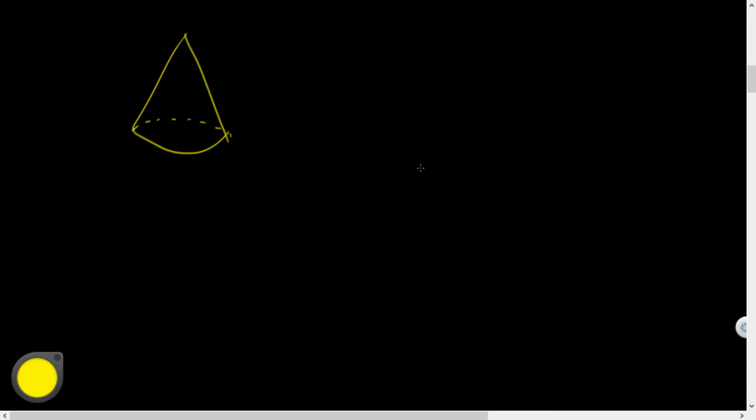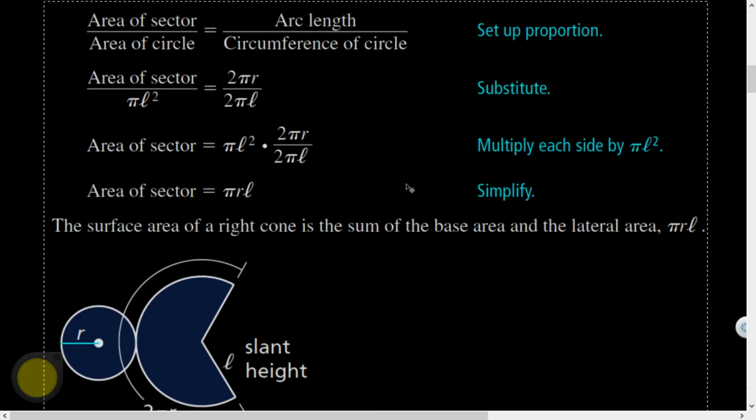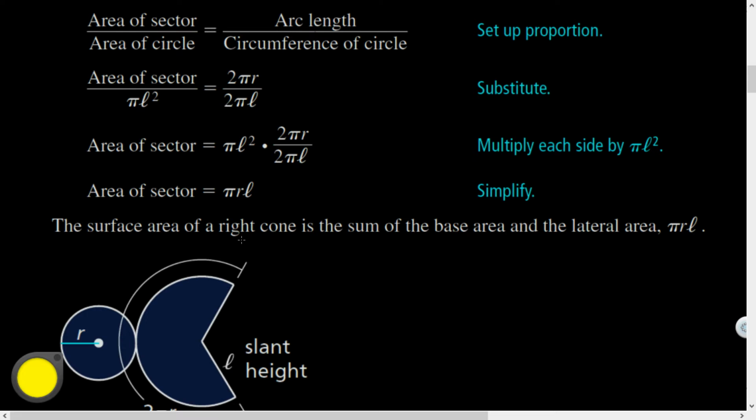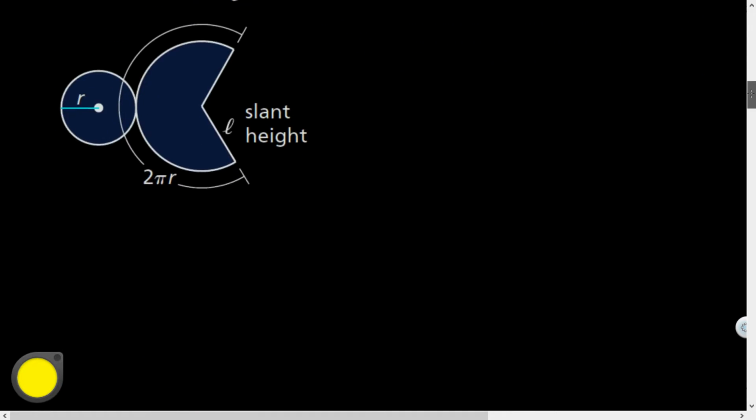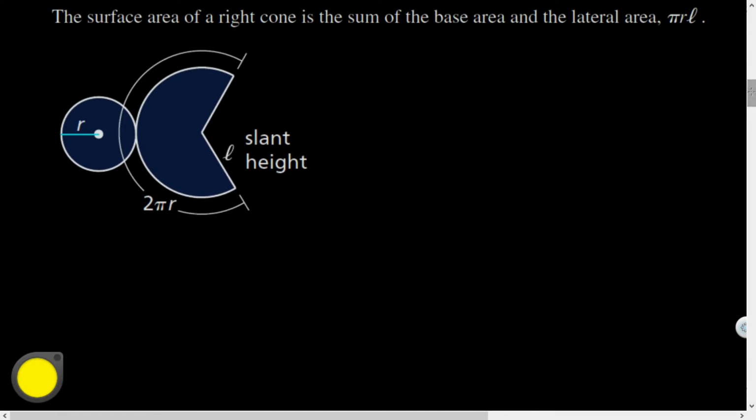But I think this is an interesting thing here. They talk about arc length and all of that. They verify the area of this sector using our earlier skills. But I just want to point out that this would be the base. We've seen the base before. It's a circle.